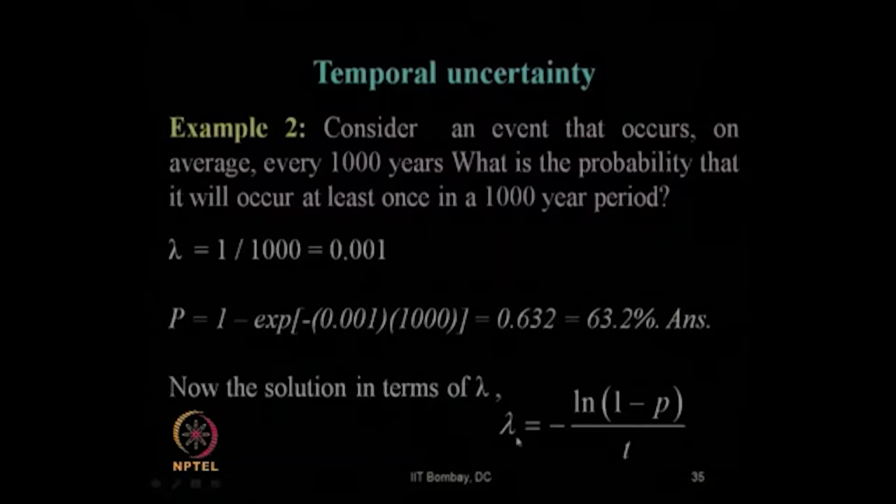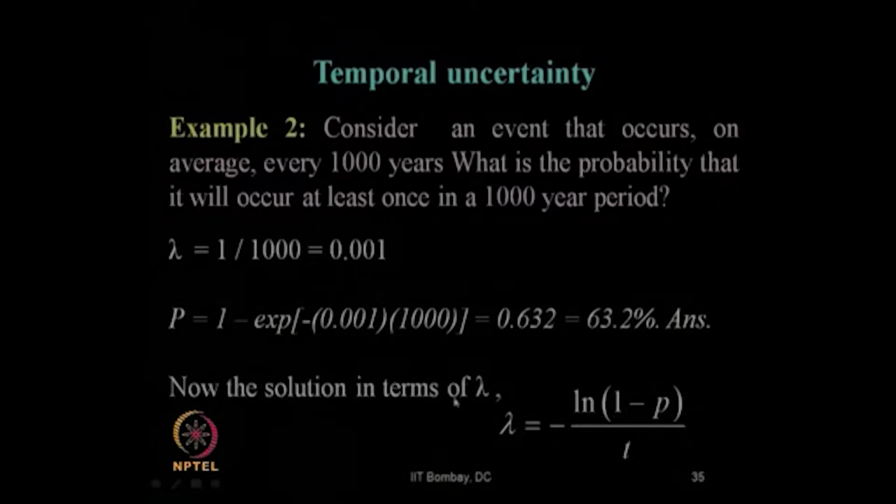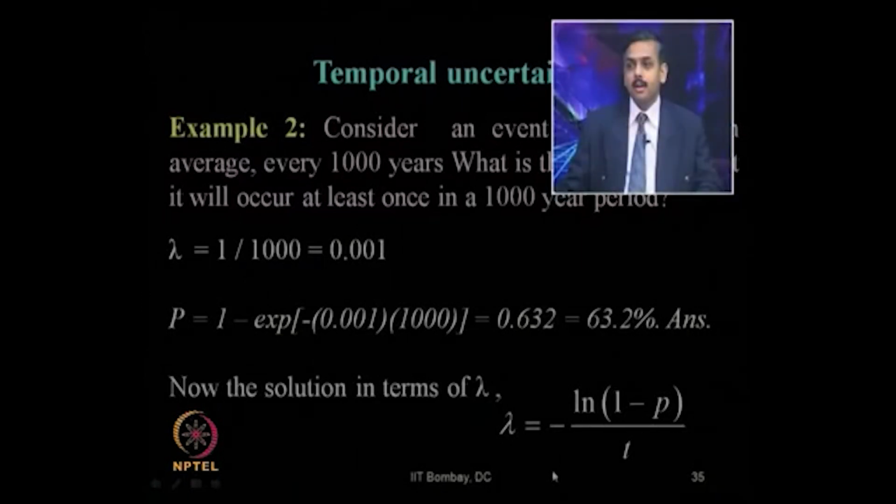Lambda should be expressed as lambda equals minus log of 1 minus p, divided by t. Am I right? Isn't it? Because our p was 1 minus e to the power minus lambda t. So, that is why, with e to the power of minus lambda t, p equals 1 minus this. Clear?